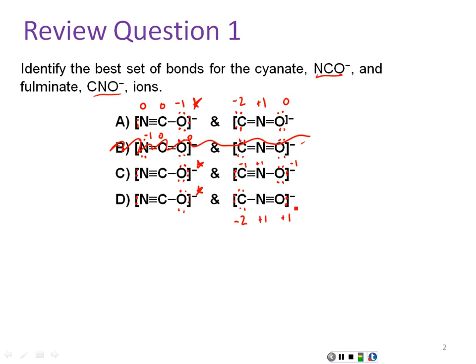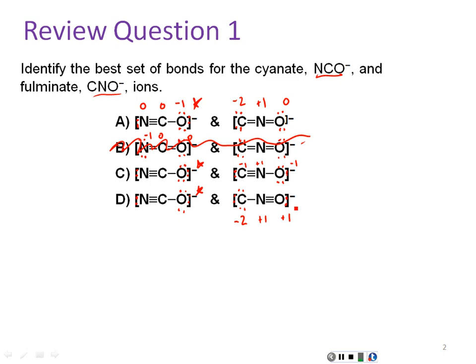So if we have to pick between A, C, and D, which one is the best choice? Well, we can eliminate A and D, and that is based on the fact that there is a formal charge of -2.